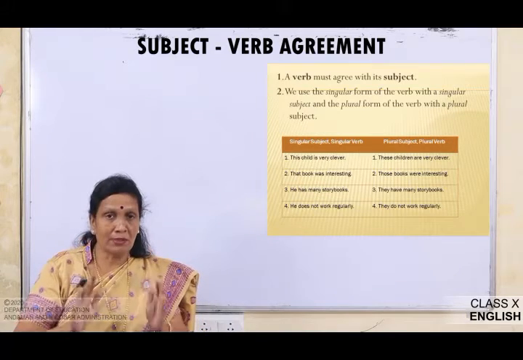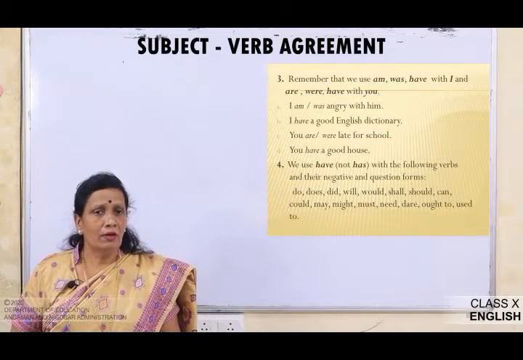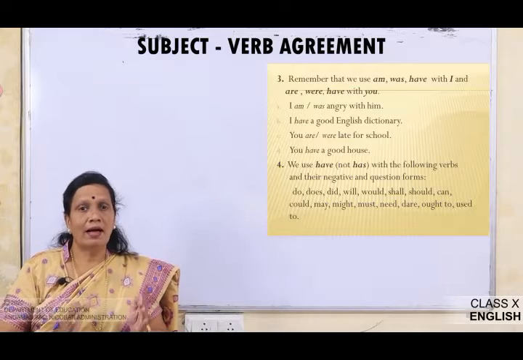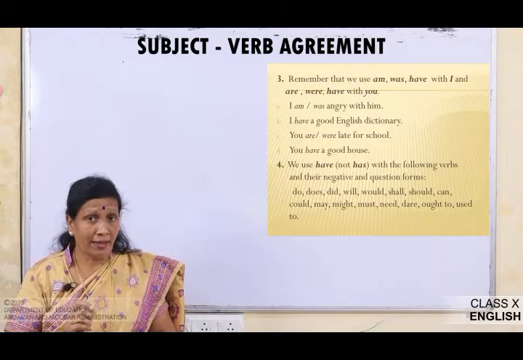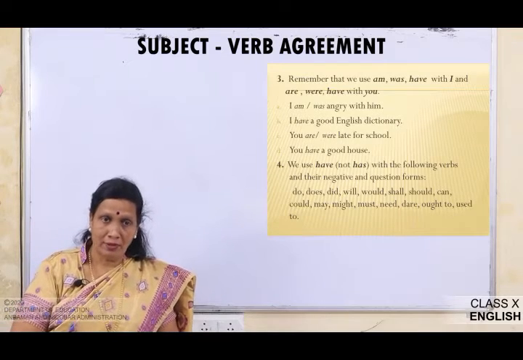So, please remember this, children, whenever you have be in the bracket. Now, remember that we use am, was, have with I and are, were, have with you.